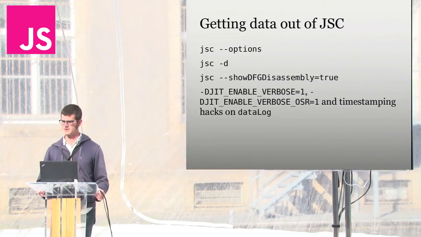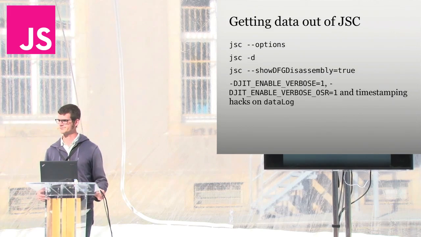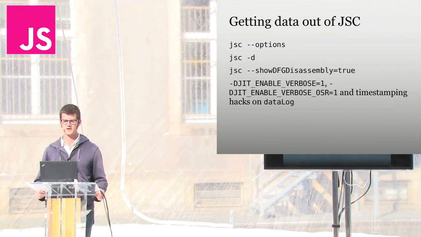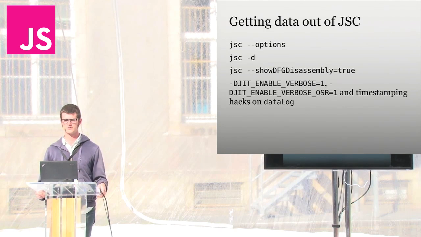Finally, before I close, I'd like to mention how I got this data. If you run JSC, and I think there are so many Apple laptops around here, you probably have JavaScript Core installed if you can locate the JSC program. If you run it with --options, it spits out a list of knobs you can turn. The -d will dump bytecode, which is useful together with disassembly.